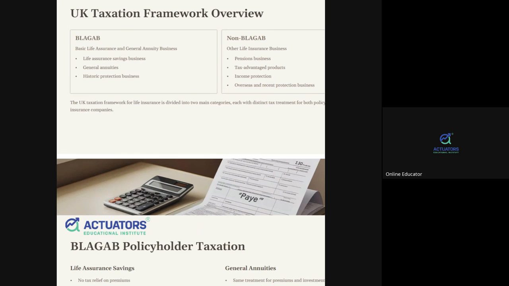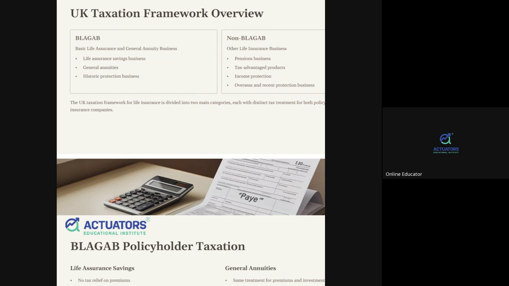So what happens in BLAGAB is you have your savings product, right? You have some general annuities, which do not have a pension component, and very old protection business. I think protection business that's before January 2013, right? Everything else becomes non-BLAGAB.